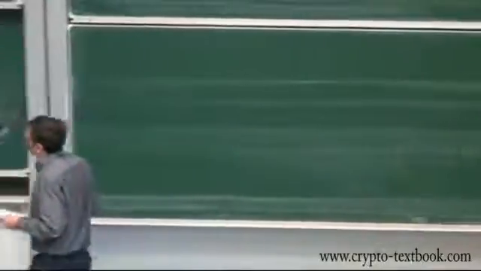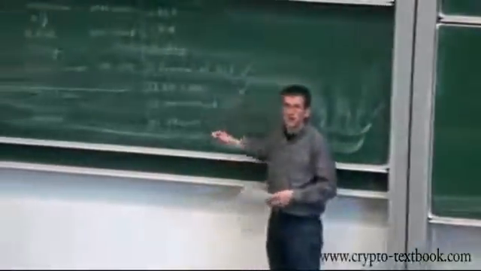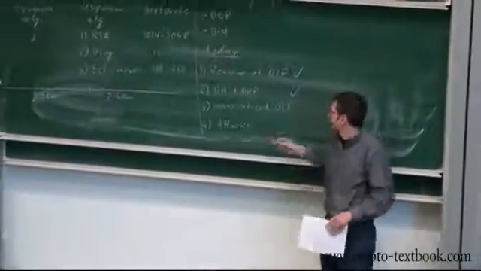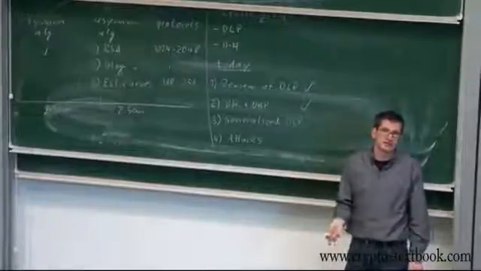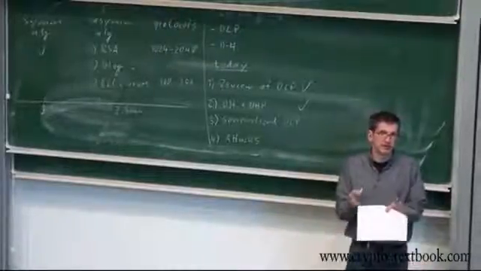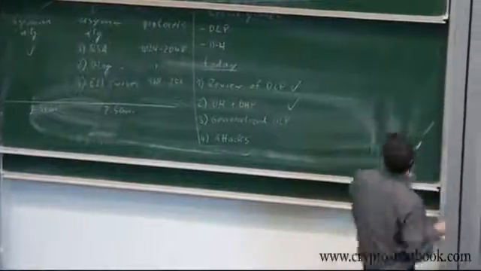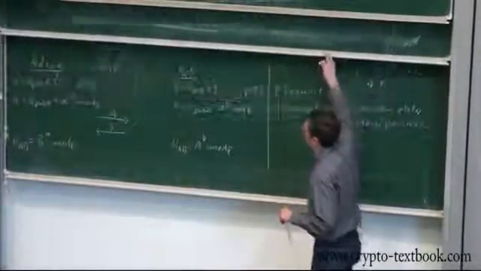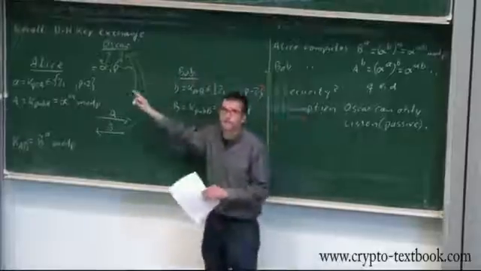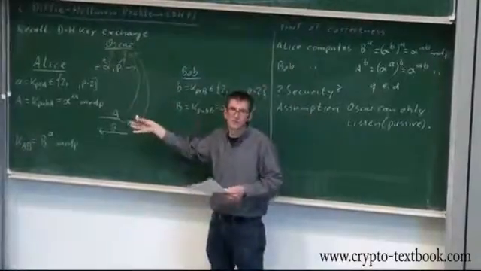So what we want to do now, and I think it's getting more and more interesting, is look at generalizing this problem. Right now, Diffie-Hellman looks like a funny protocol, pretty simple and cool.